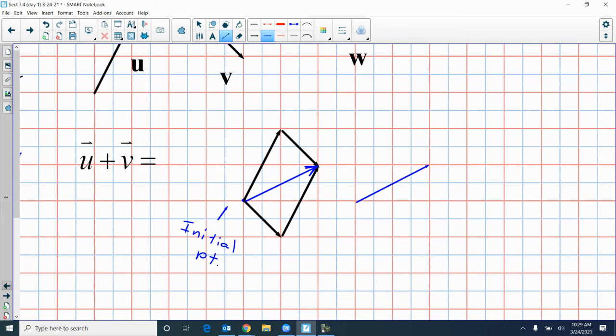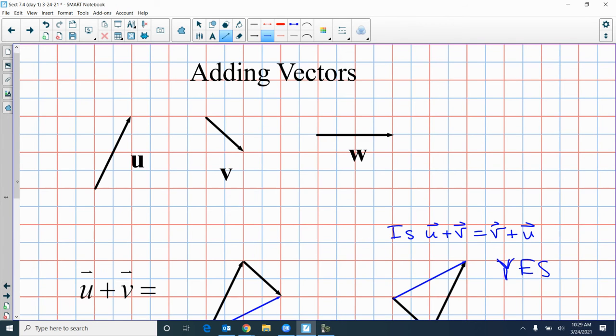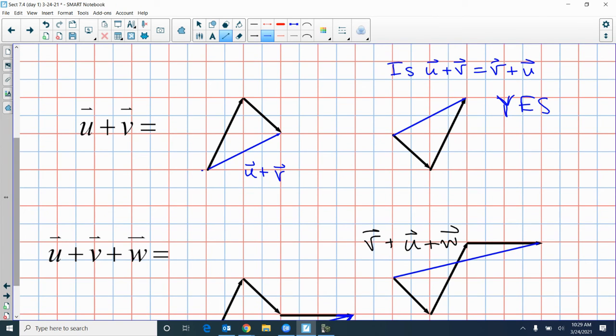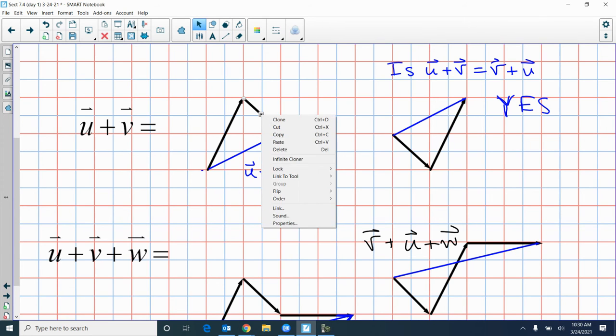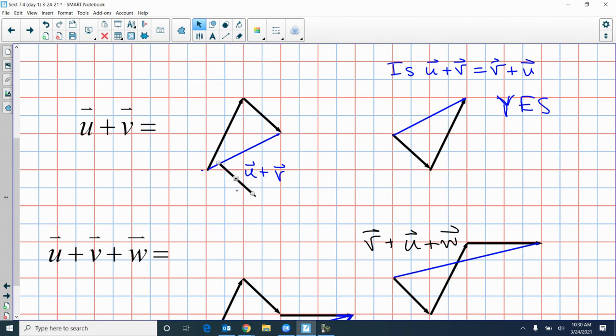Let me go backwards. Really, just think about this. This is really no different. If I take that, slide it here, it's still the diagonal. I just didn't draw the whole parallelogram. It still goes through there.